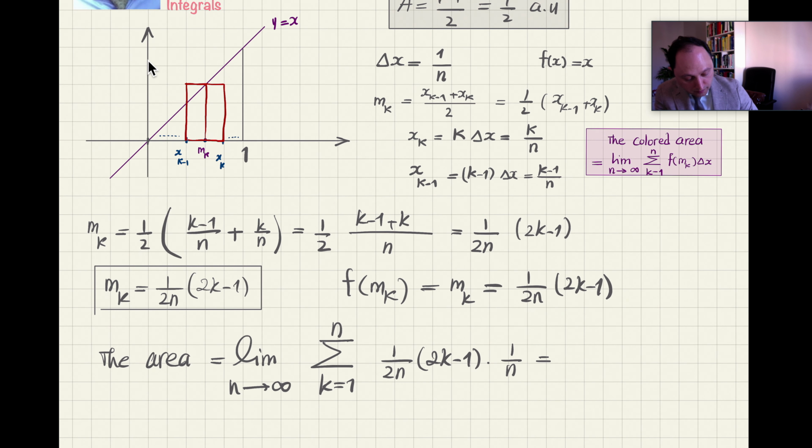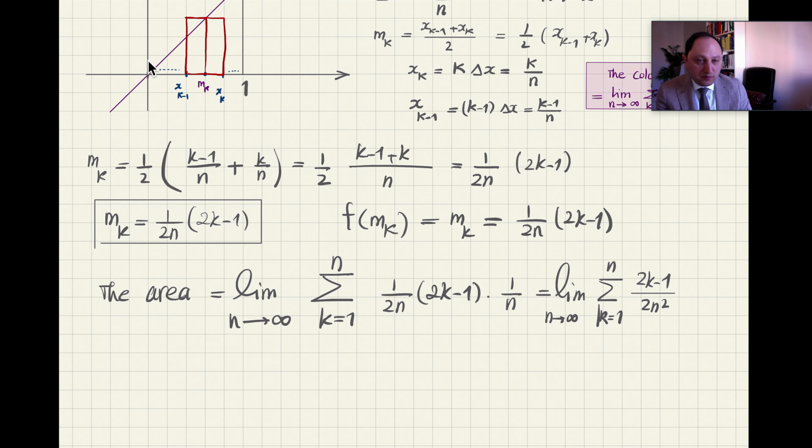And let me simplify this a bit. 1 over n and 1 over 2n can be multiplied and written simply as 2k minus 1 divided by 2n squared, where k goes from 1 to n, and n goes to infinity. Okay, so not very simple, but you see that we got this limit.